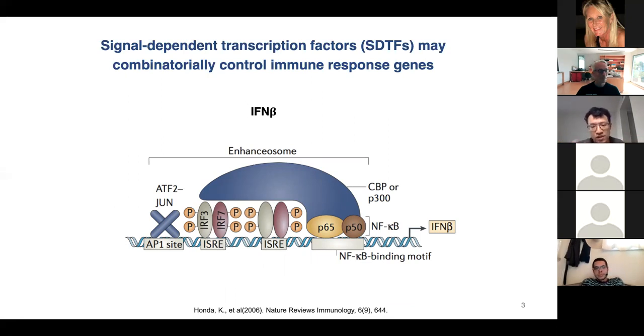Is there any dominant signaling pathway regulating interferon beta gene expression, or how do they synergistically regulate it together? And moreover, what about the other immune response genes? Can we identify the gene regulatory strategies for them?